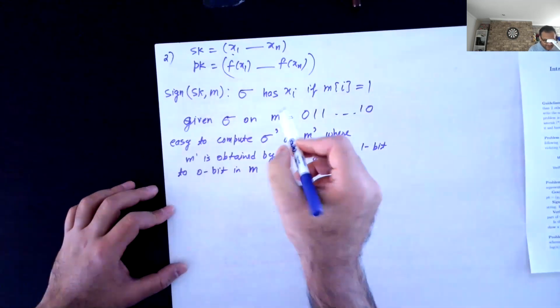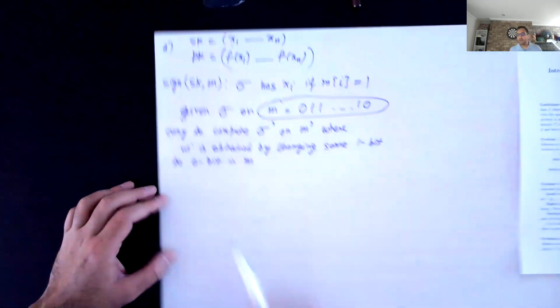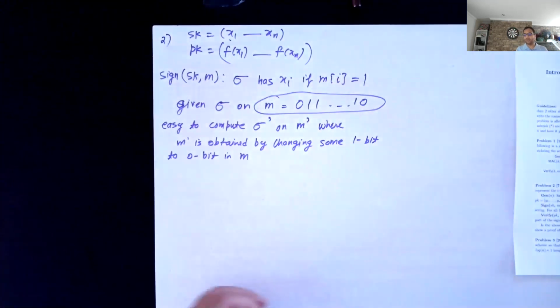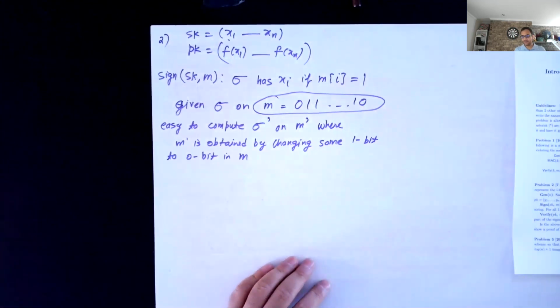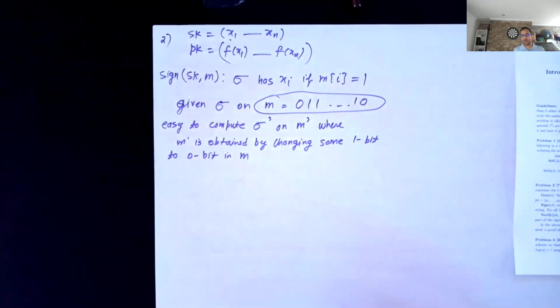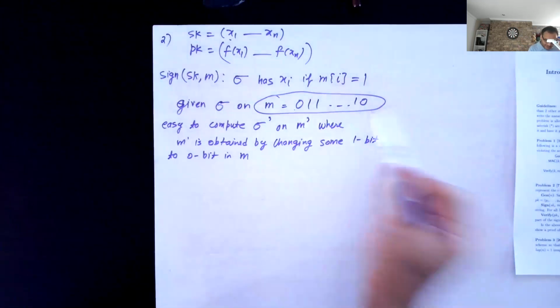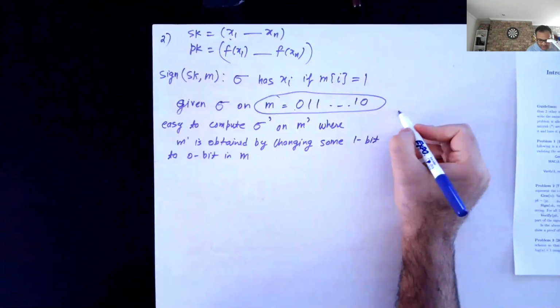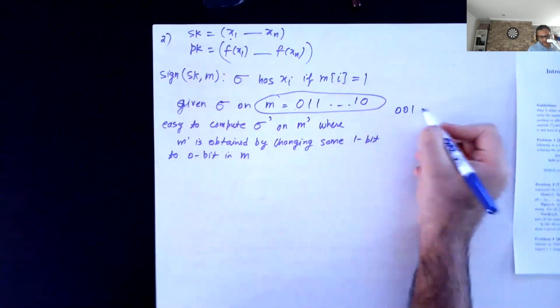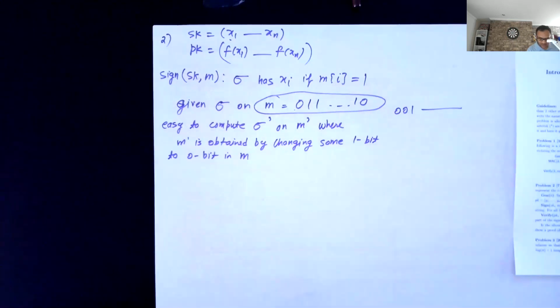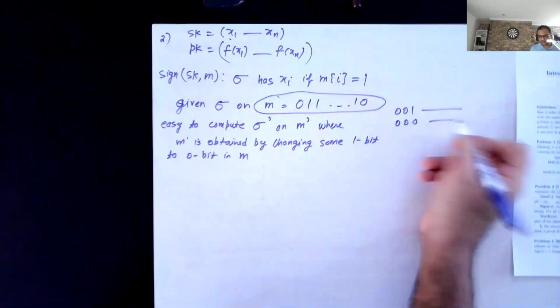So essentially, I can take this message m. Sorry, I can flip any 1 to 0. And that only makes the signature shorter because I just have to take out that corresponding xi. Right? So given a signature on this message, for example, it's easy to compute a signature on 0 0 1. Rest of the message remains the same, or 0 0 0, and so on.